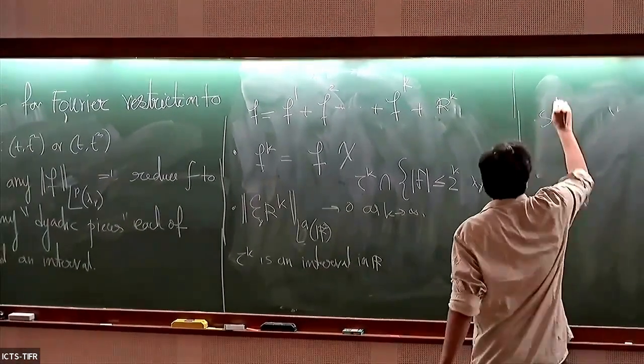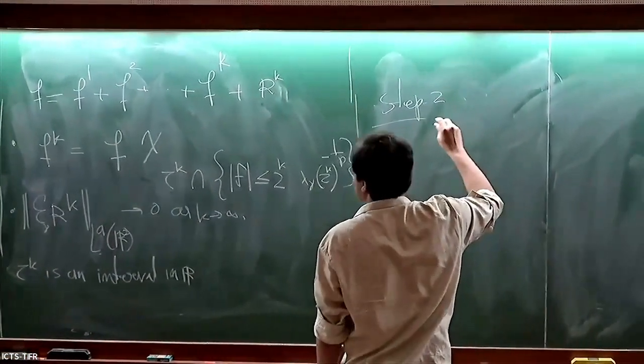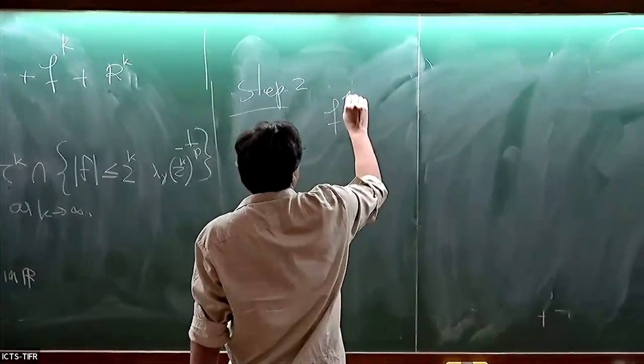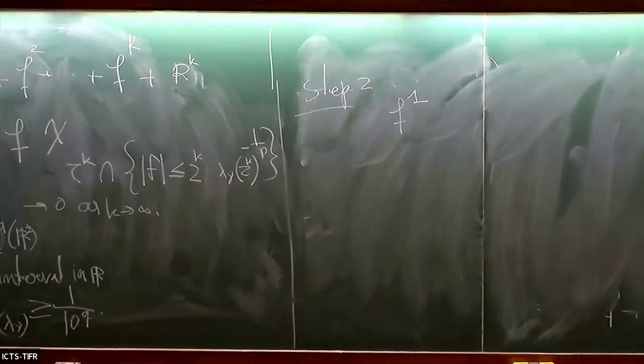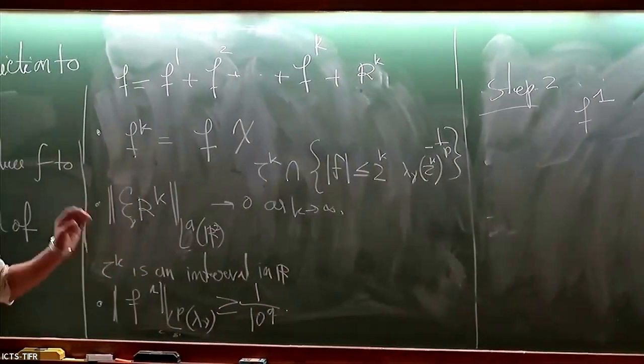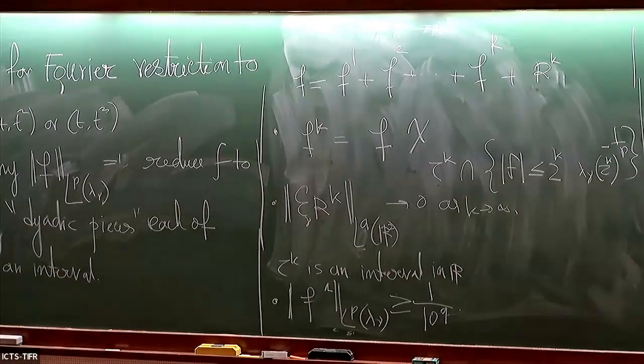Okay. So step 2 is my favorite part of the argument. Let me call this f_1. f_1 is the first piece. It turns out that f_1 has L^p mass. Remember, if each f is normalized, then the L^p norm of f_1 is at least, let's say, 1 over a billion. I can sort of capture a positive portion of the L^p mass in f_1. So f_1 dictates the rest of f.